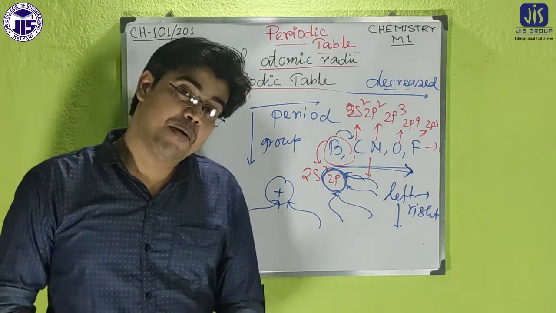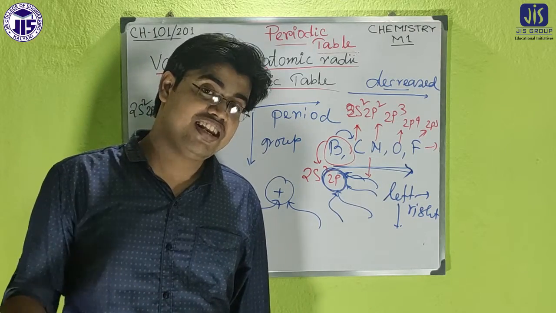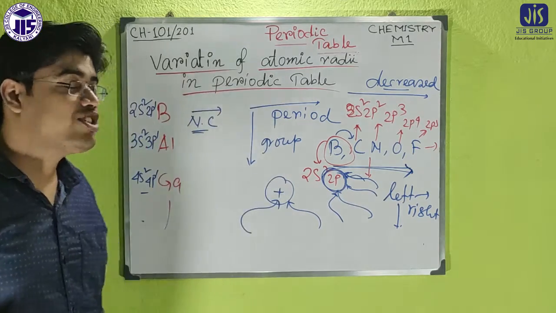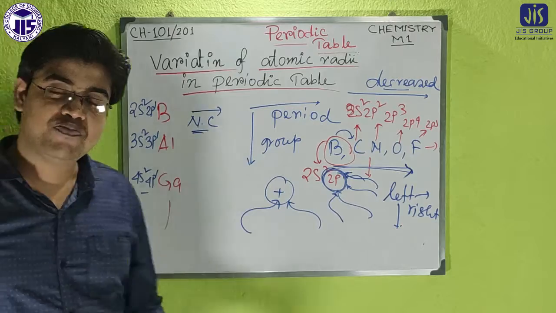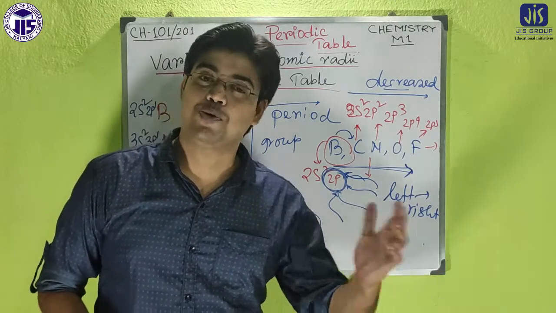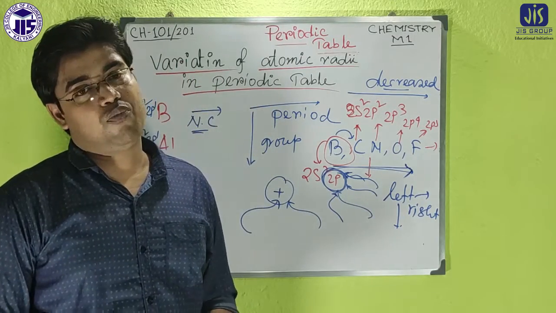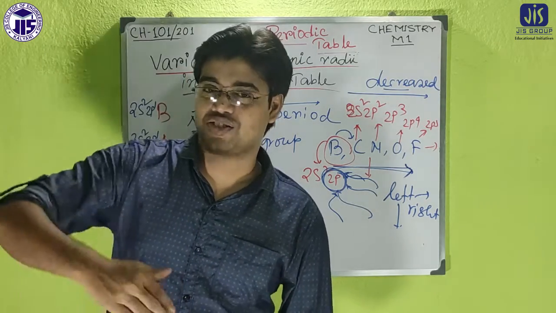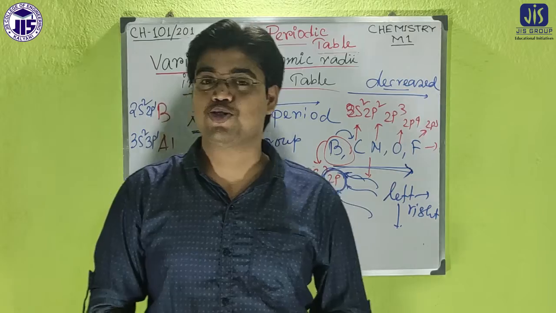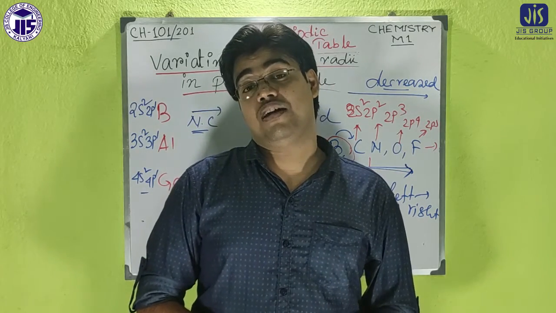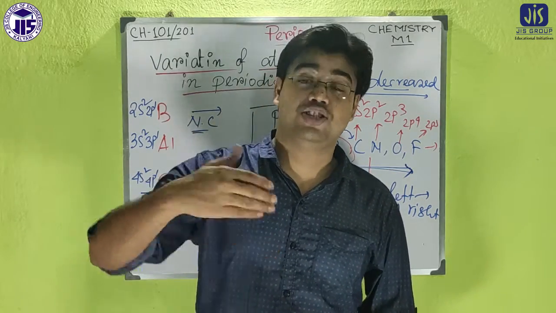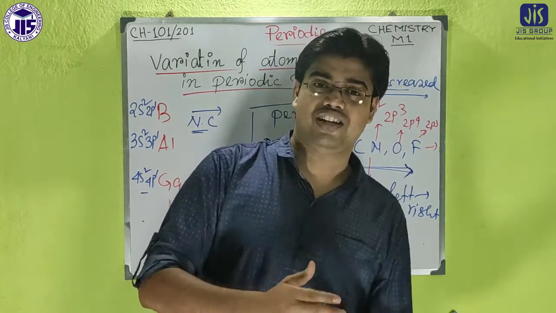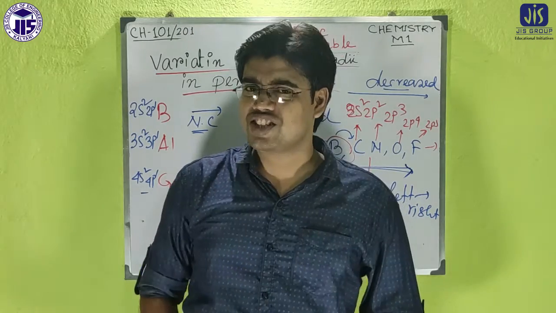If the quantum number is increased, that indicates that an extra shell is added from top to bottom. If an extra shell is added, then with nuclear attraction the extra shell is added. But if an extra shell is added for the nucleus, it is not possible to attract with the same energy or the same force like the previous shell. So that means the size will be increased, isn't it?